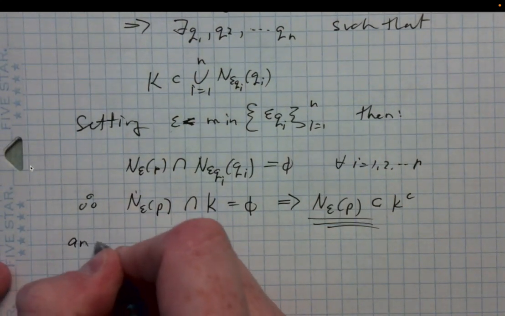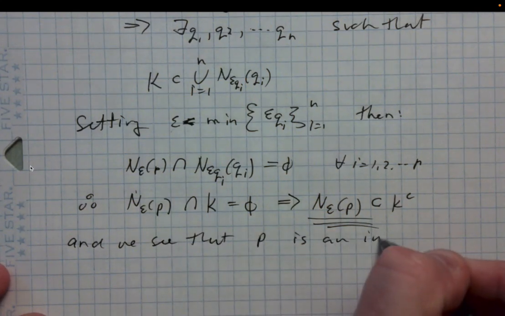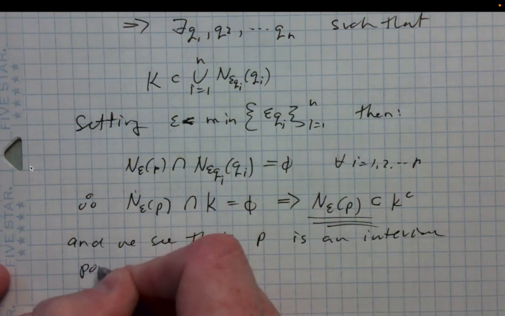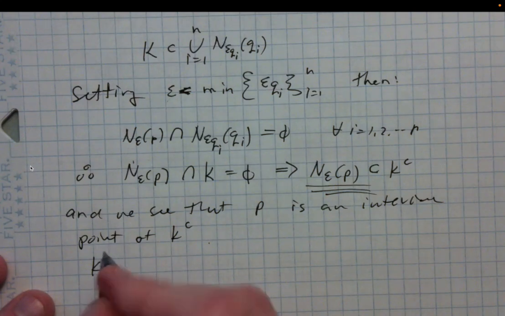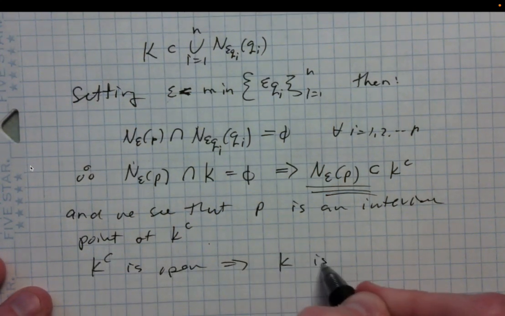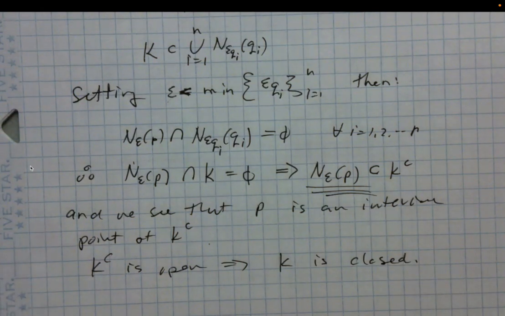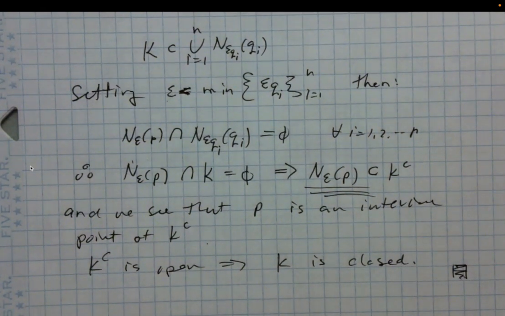Right, and so we see that P is an interior point of K complement. And so what does that mean? Well, P is arbitrarily chosen, so K complement is open, implies K is closed. Okay, so it's a little trickier, but I think the logic is relatively straightforward. So every compact subset of real numbers is necessarily closed and bounded.